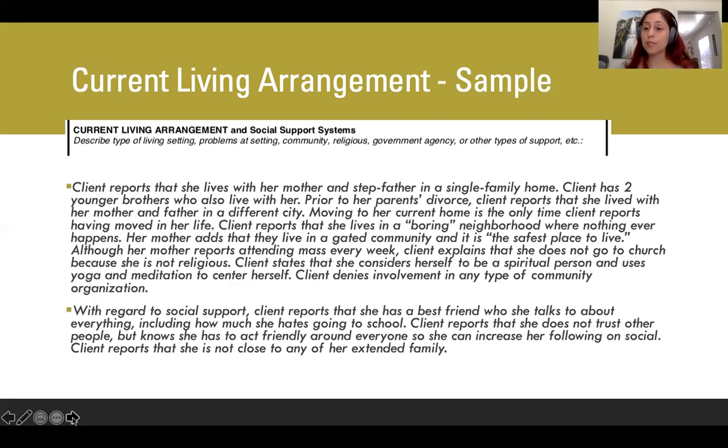Helpful for you to know as you're building the relationship with the client. She may have issues trusting you, so how can you start to build that trust? A follow-up question here might be, what is it about your best friend that allows you to trust her? Or how did your best friend earn your trust, so that you can start to maybe implement some of those strategies? Okay, so this is helpful information.